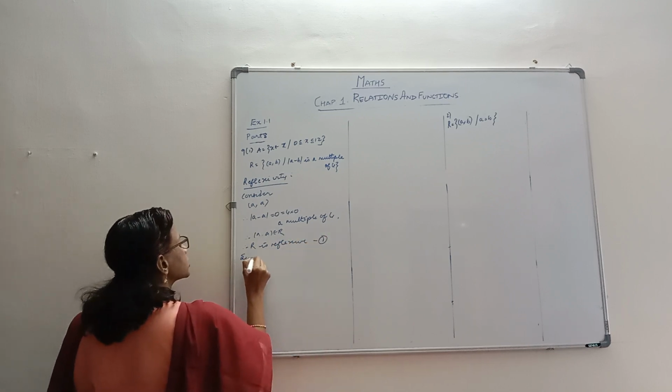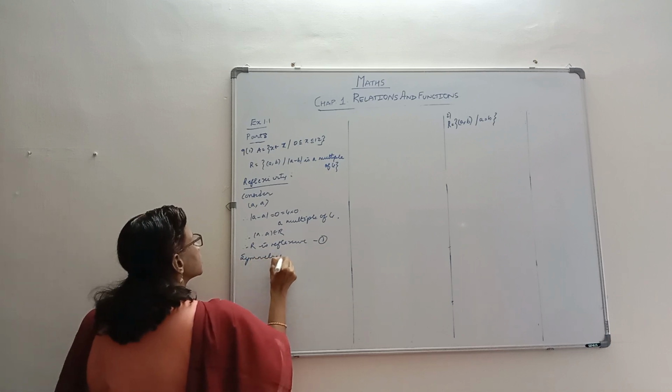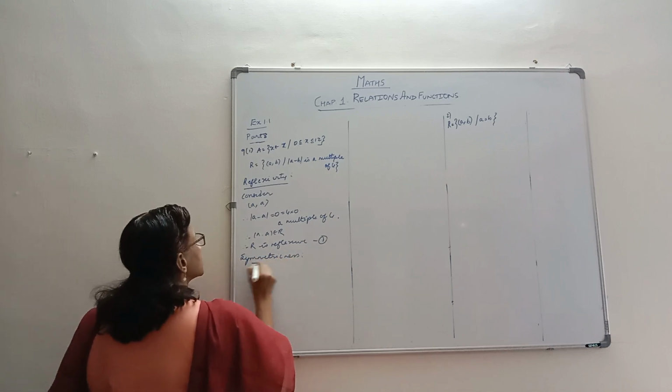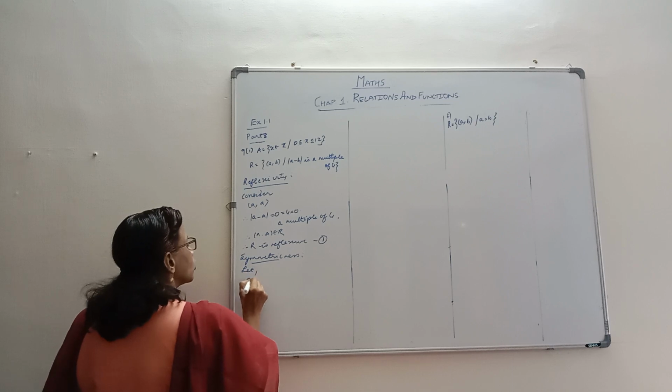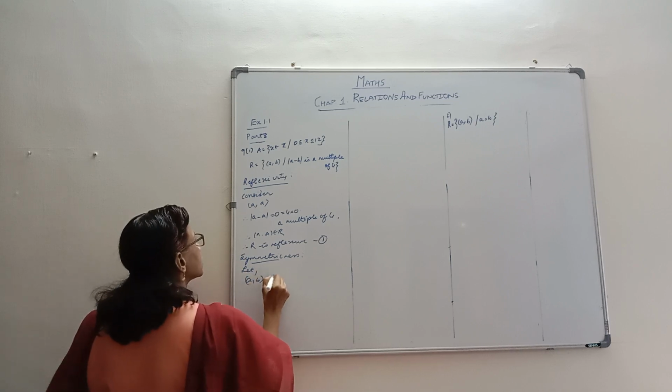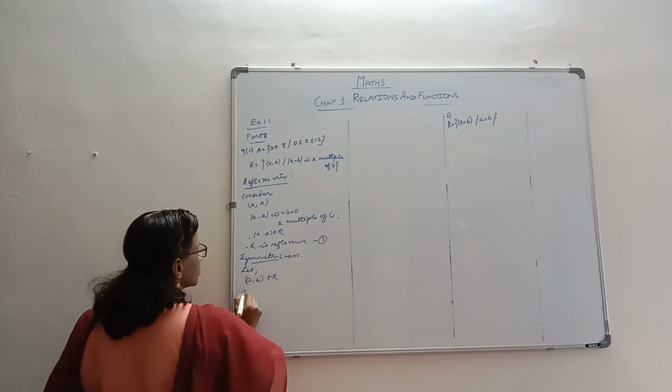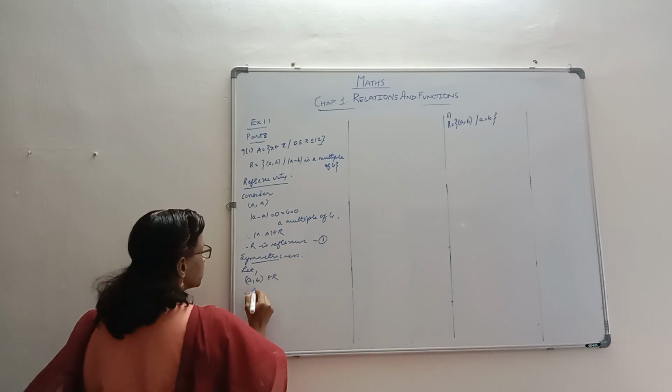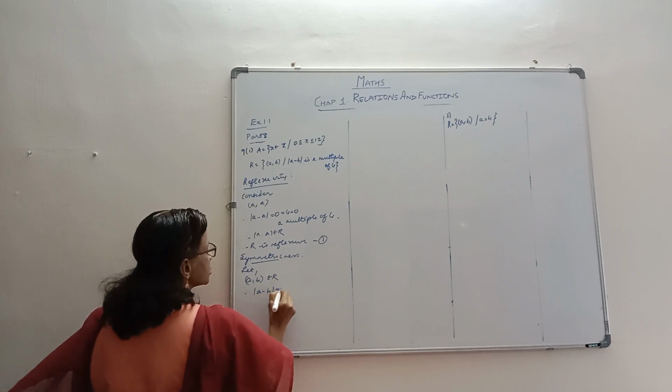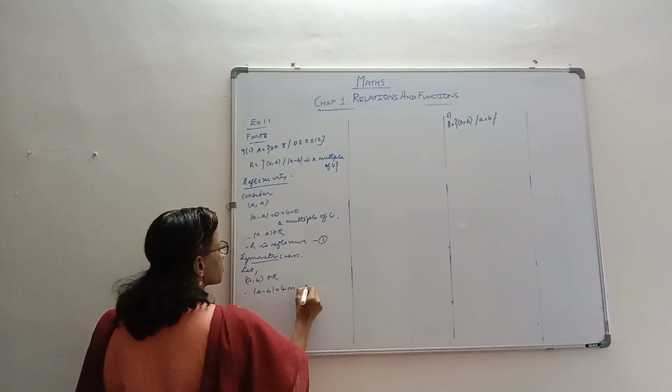Then we go for symmetry. Let a comma b belong to R. So if a comma b belongs to R, a minus b is equal to some 4m, right?